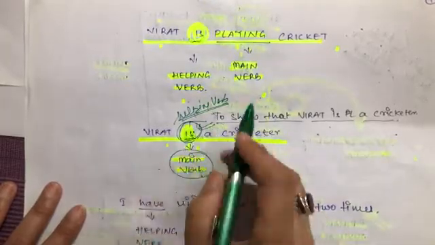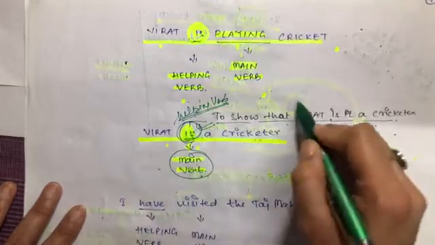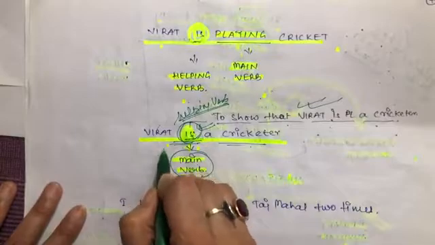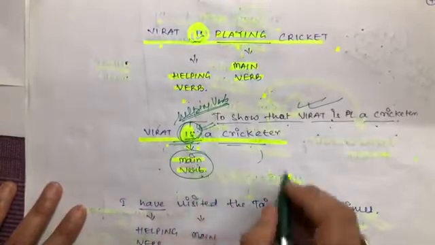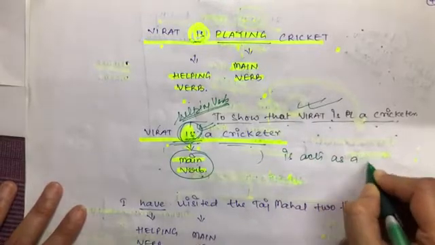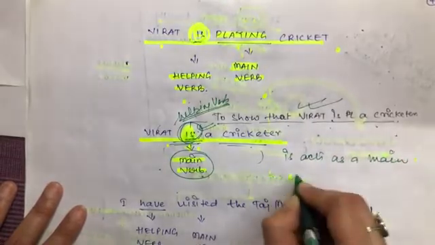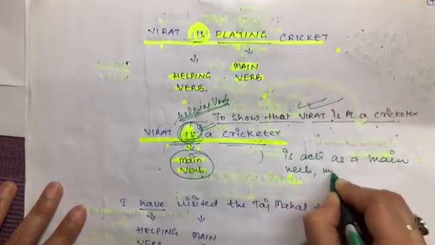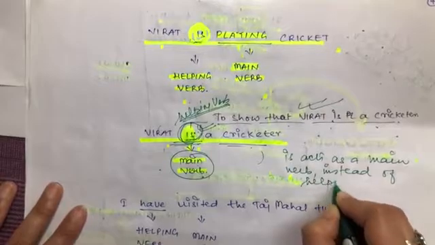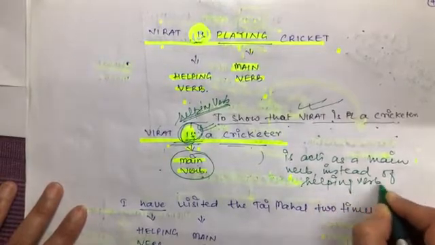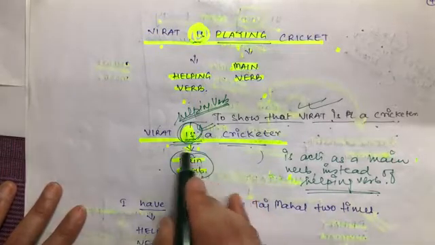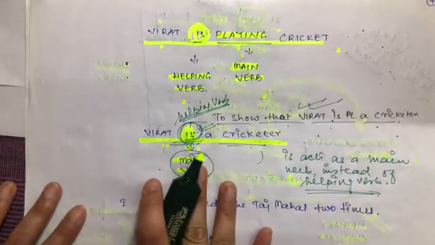The first sentence shows the action, while this shows that he is a cricketer. So here is acts as a main verb instead of a helping verb. So children, at times helping verbs also act as main verbs.